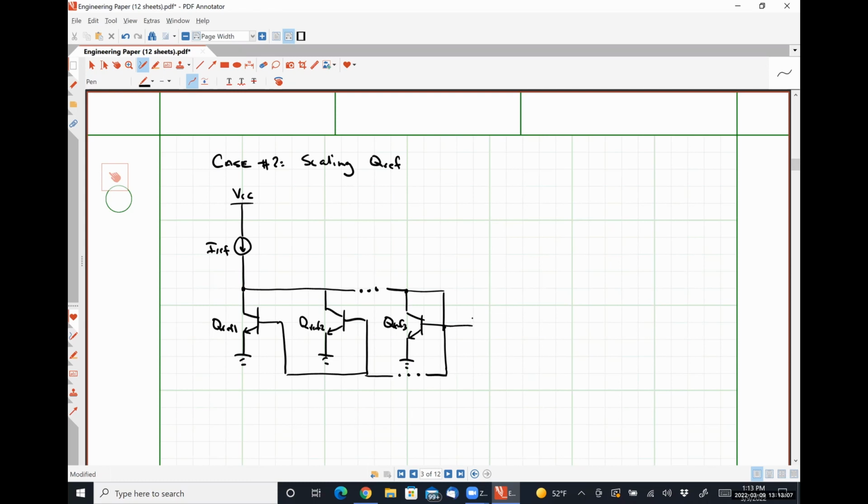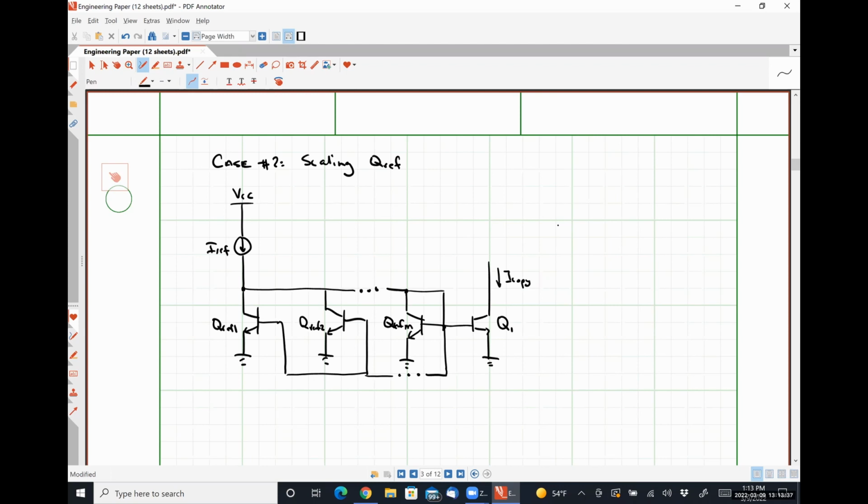And finally, on this side, we have our copy transistor Q1. And then here is our copy current. All right. So in this case, and sorry, instead of calling this 3, I'm going to call it QREF M.